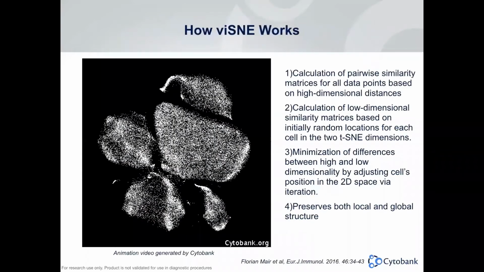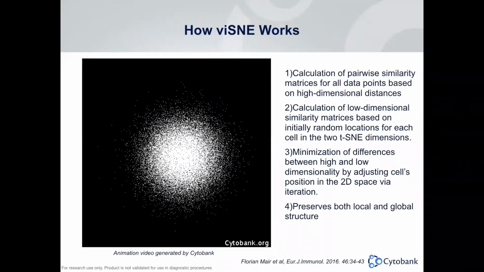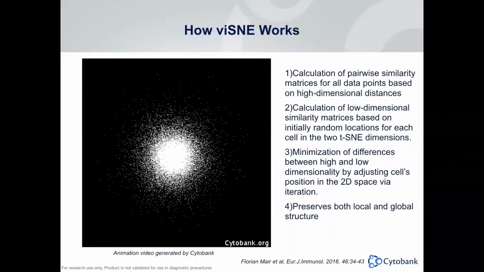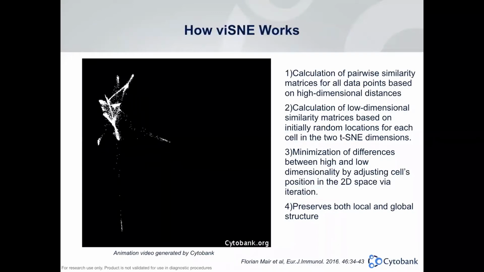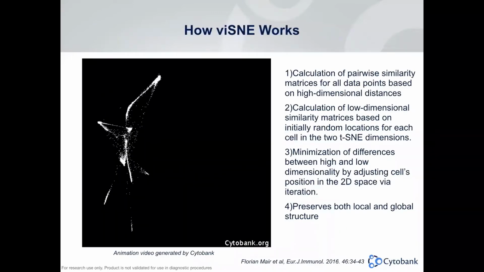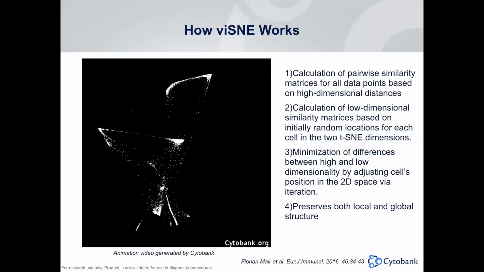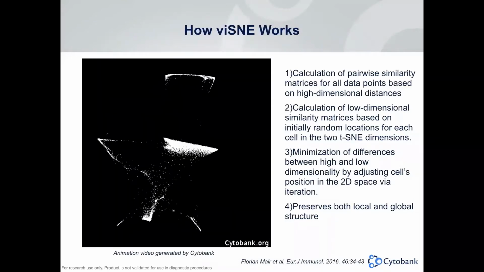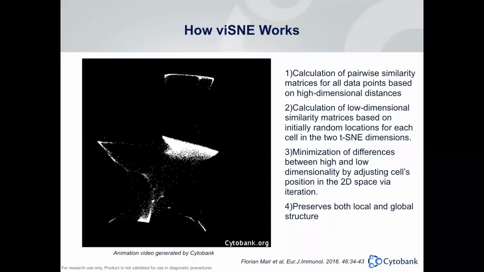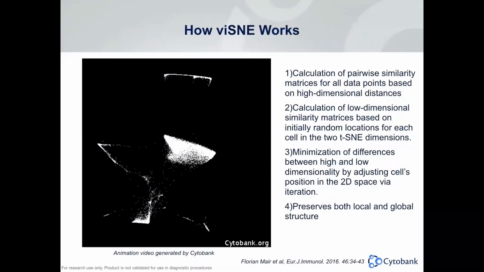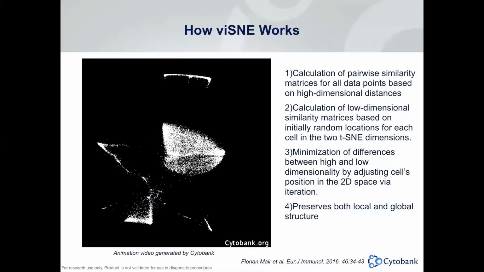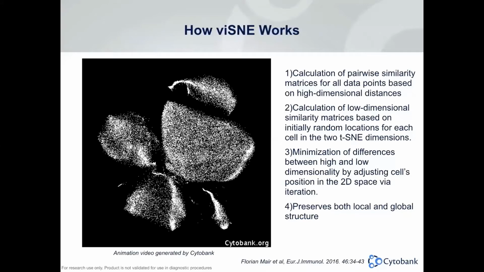So here is an animation showing how viSNE works. Basically, it calculates the pairwise similarity matrices for all data points in high-dimensional space, then calculates the matrices in the low dimension. The algorithm then tries to minimize the differences between those two by adjusting the cell points in the 2D space via this iteration process.